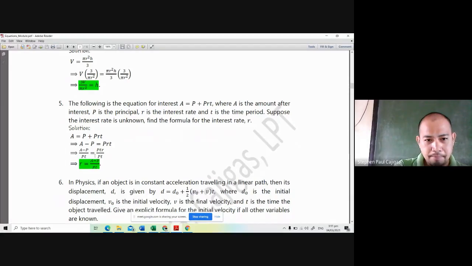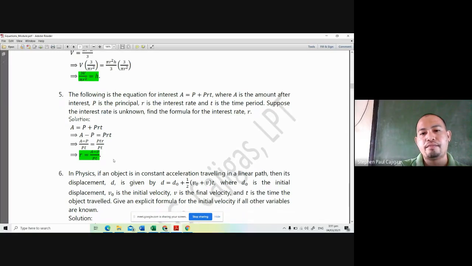So what we have here, so ang P nga di gin-transpose anay, so naging minus P. Tapos what we are looking for man is R, so i-divide natin by PT, so divide both sides by PT, and so we get this equation or formula.